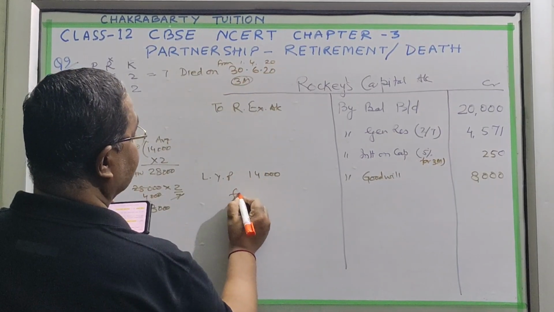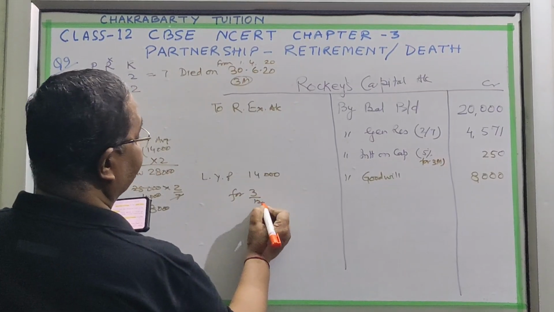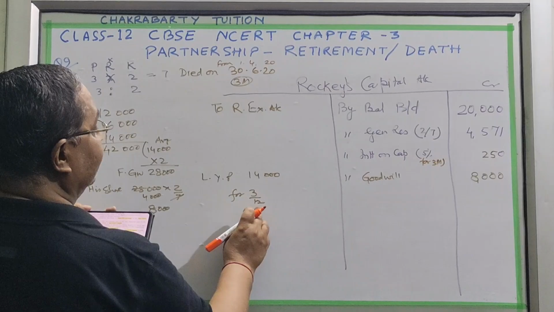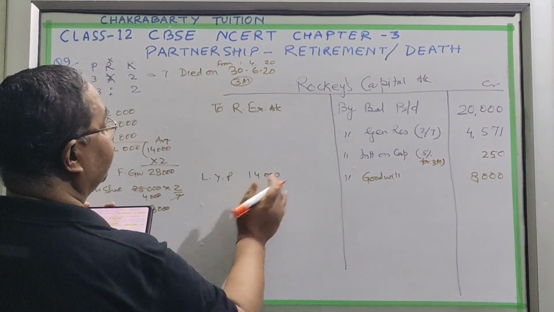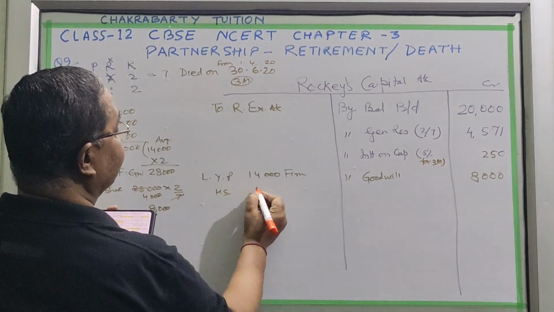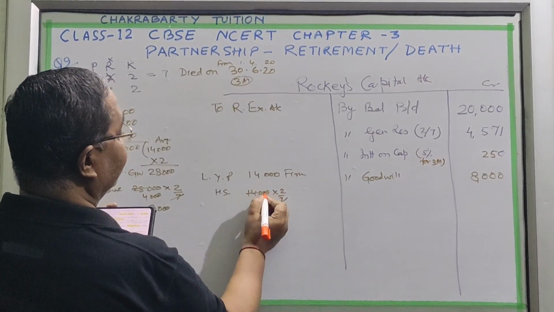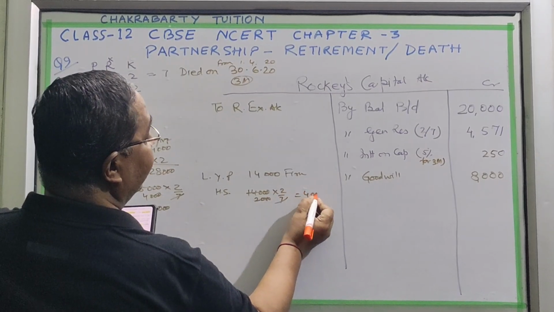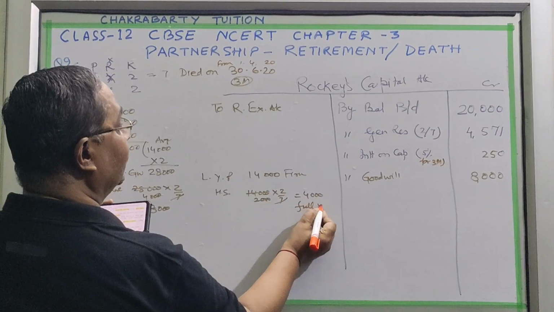His share for the full year will be 14,000 into 2/7, which is 4,000.